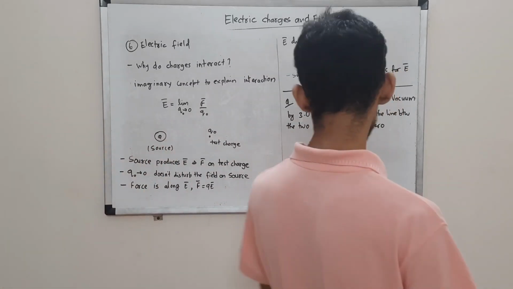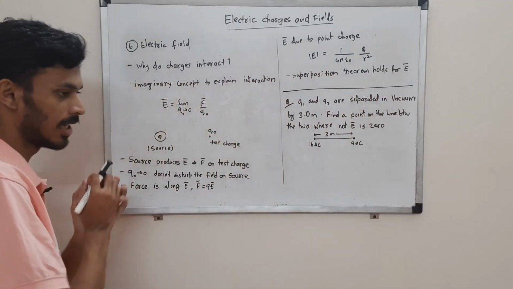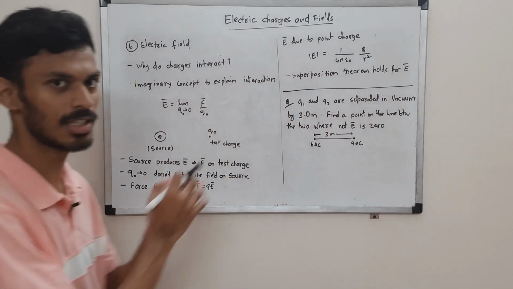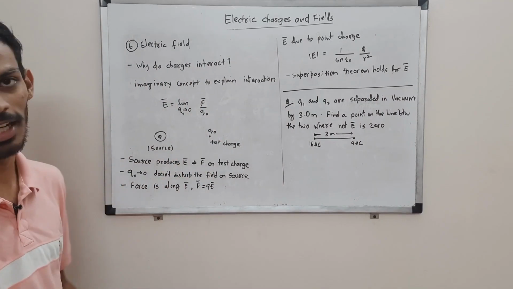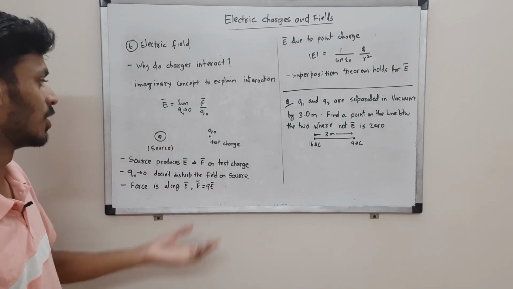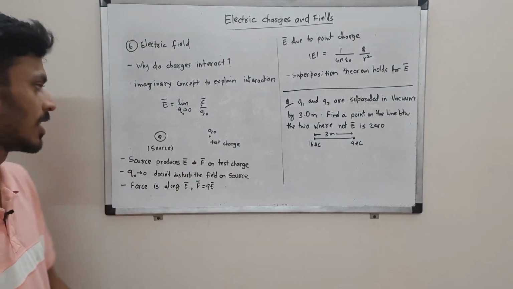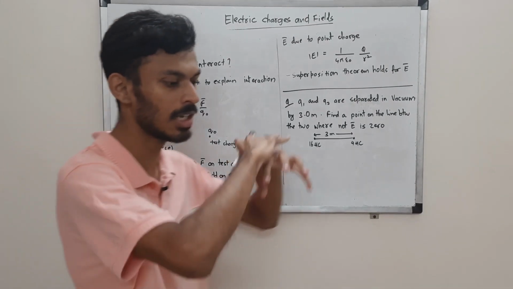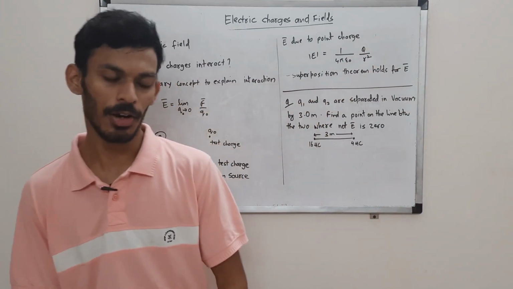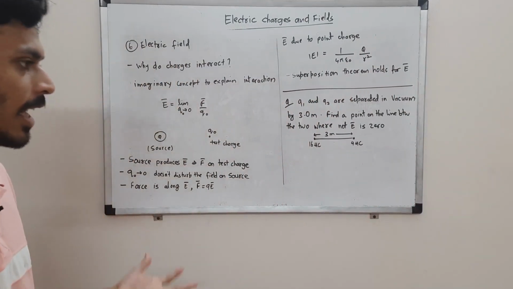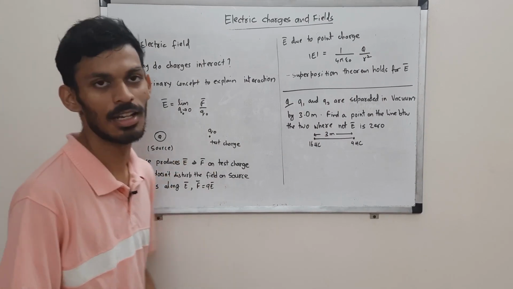Basically we assume that there is a source q. This is a bigger charge, and this q naught is a very small charge tending to 0. We'll see why it should tend to 0. We'll call this the test charge. The source is producing this electric field all around it, and that electric field is influencing this charge q naught.